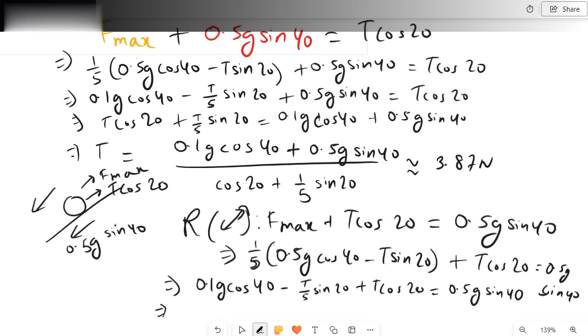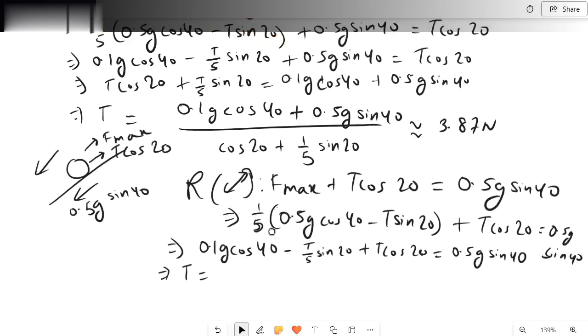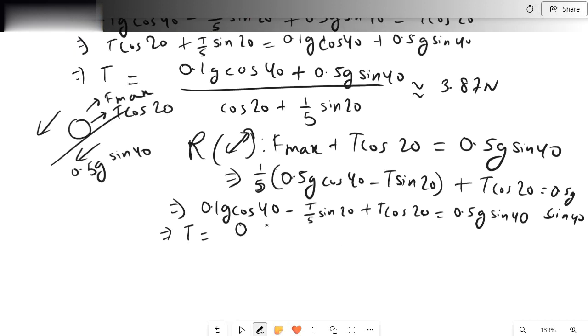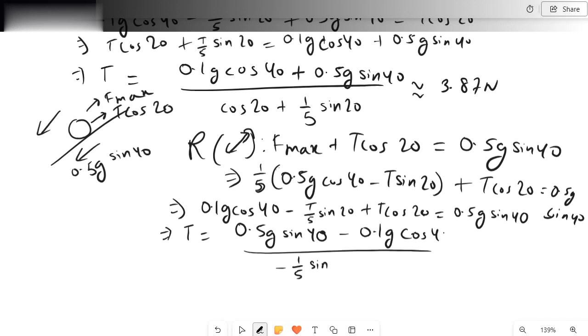So therefore, taking t as the common factor, we can say that t is going to be equal to 0.5g sine 40 minus 0.1g cos 40, and the whole divided by minus 1/5 of sine 20 plus cos 20, which should be approximately equal to 2.75 newtons.